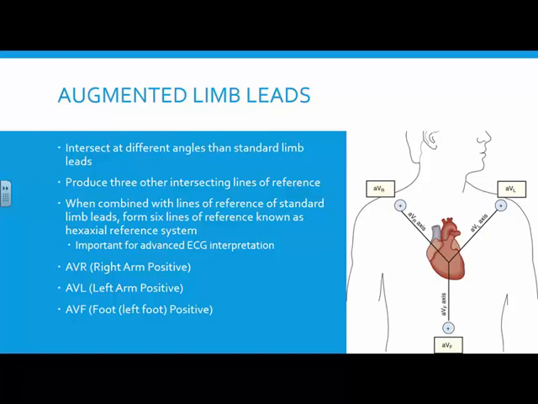Okay? And so when you hear the term augmented leads, what that means is that the monitor has to augment or increase the amplitude so that we can see it in a monitoring form. Okay? So your 3 augmented leads are your AVR, your AVL, and your AVF.